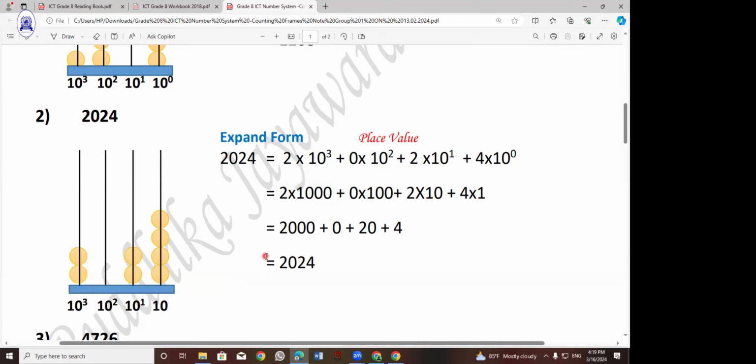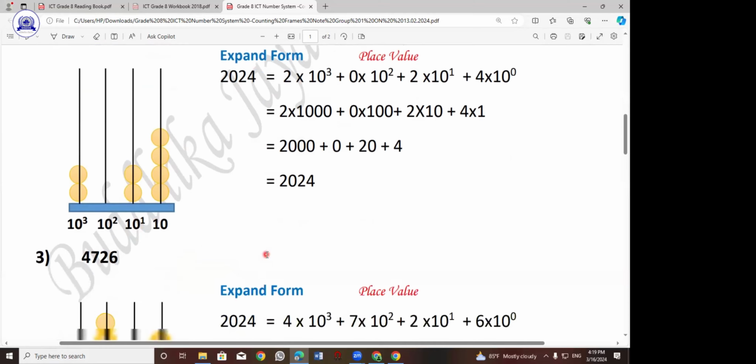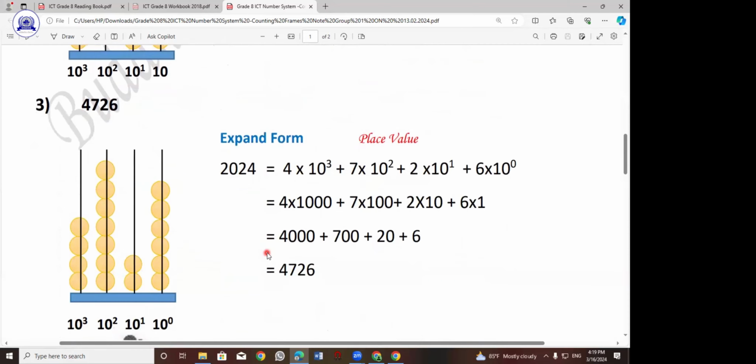If we take another example, 4726, you expand it: 4 into 10 to the power 3, 7 into 10 to the power 2, then 2 into 10 to the power 1, and 6 into 10 to the power 0.